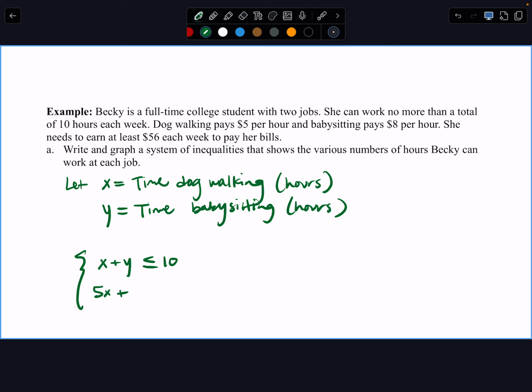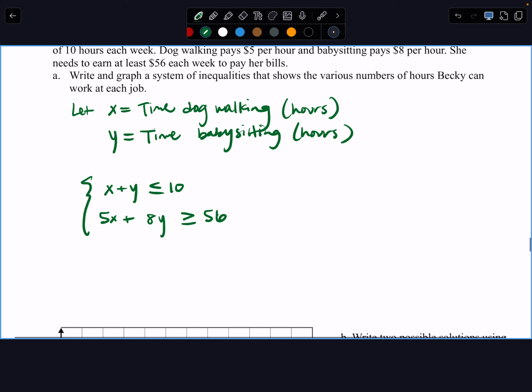Yeah. Because 5x would represent $5 times X number of hours dog walking. That would be the amount she'd make from dog walking. Plus $8 times Y number of hours of babysitting would be the amount she'd make from babysitting.